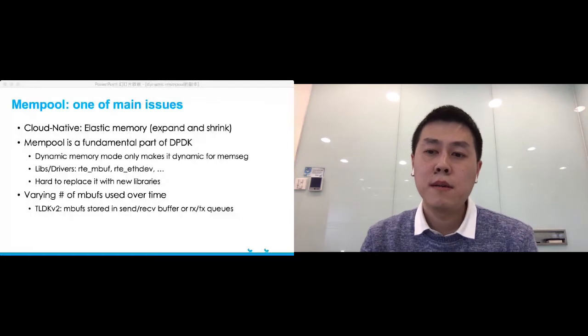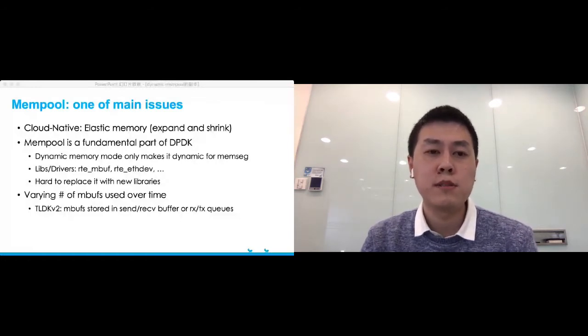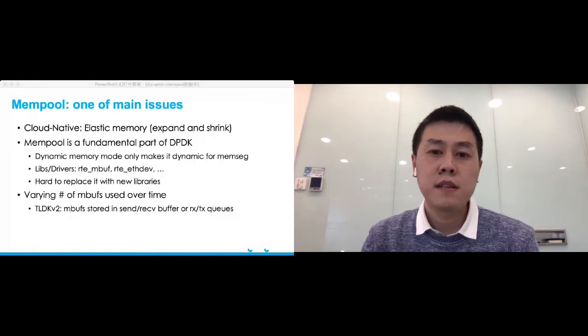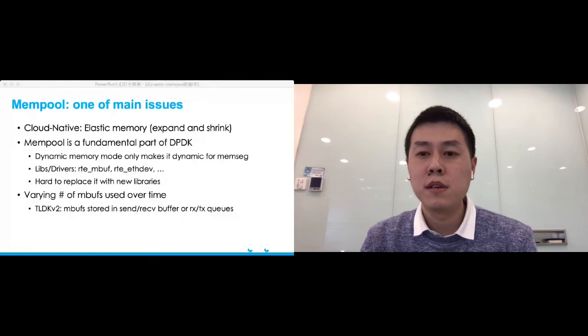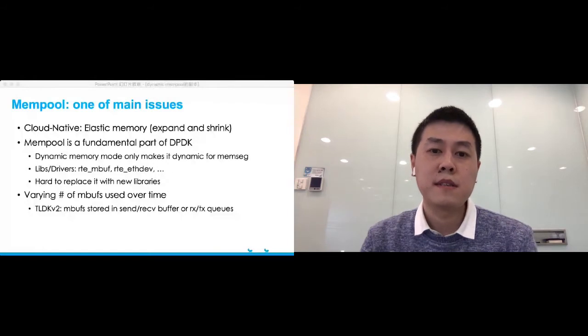But currently, the mempool library doesn't support allocating resources and objects dynamically. DPDK now does support a dynamic memory mode, but it only supports dynamic memseg allocation. But as the network stack of cloud-native applications, TLDK v2 consumes varying numbers of resources over time.